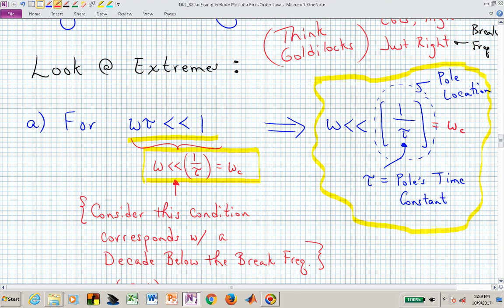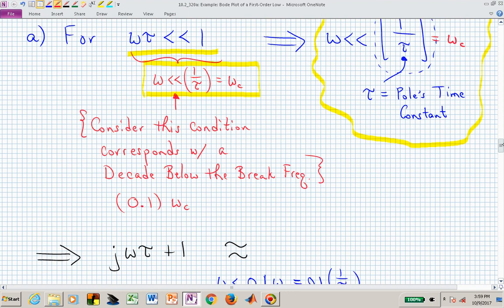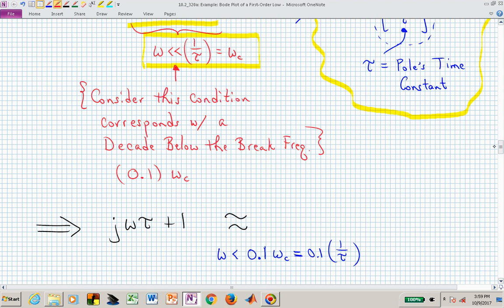One of the extremes is when omega is much less than omega sub c, and much less, we're saying, is 1/10. So what happens when we approximate j omega tau plus 1 with a frequency omega much less than omega sub c, or when omega is less than 0.1 times 1 over tau?